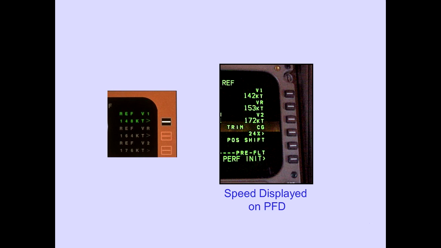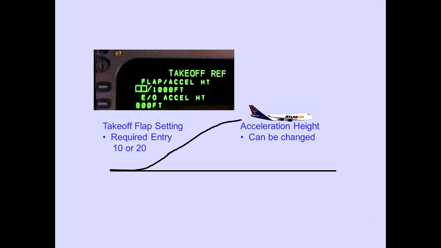Line selecting a V speed removes the reference and caret display, changes the speed to large font, and the V speed is displayed on the PFD. A takeoff flap setting of 10 or 20 is a required entry during the pre-flight sequence.